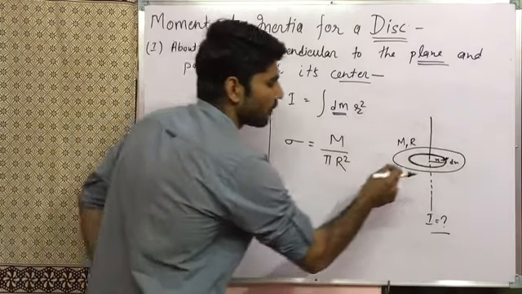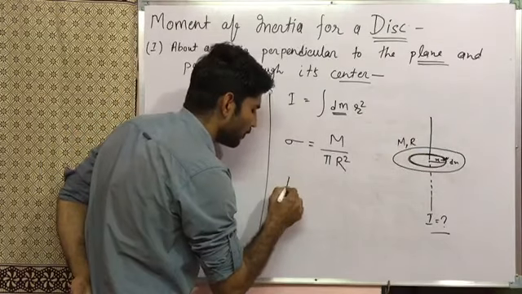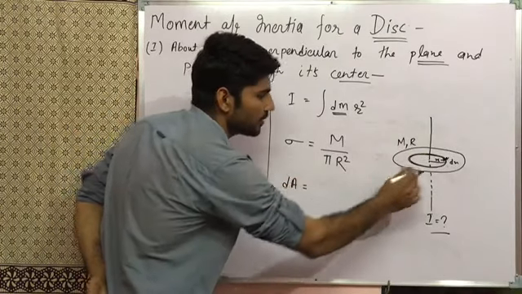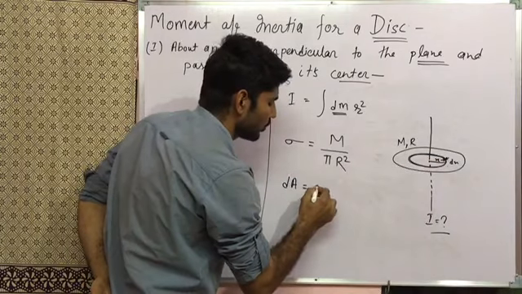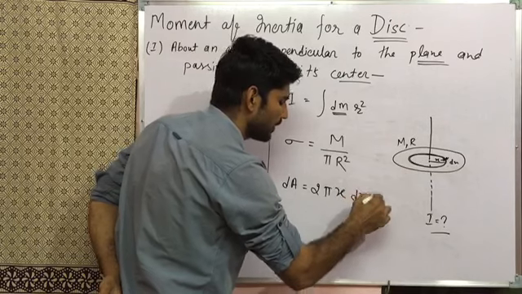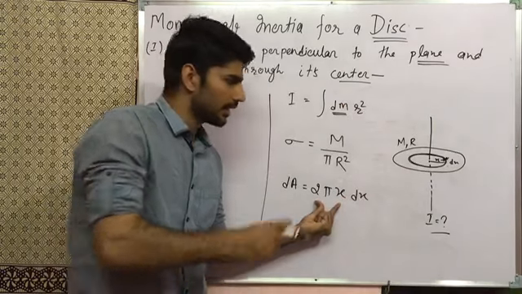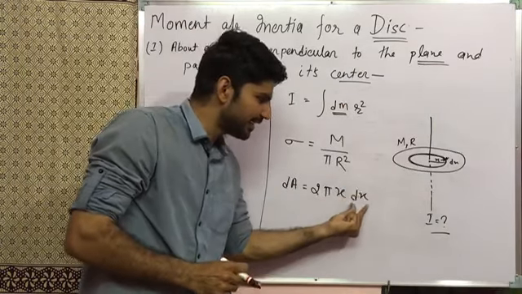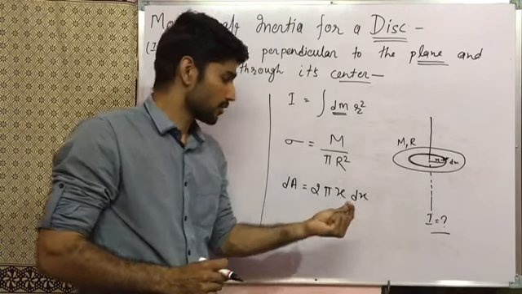And here we have the area of this small component, which is 2 pi x into dx. 2 pi x is the length of this small component, and dx is the thickness of this small component.